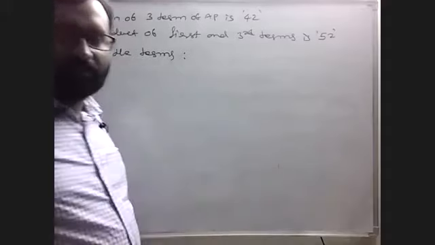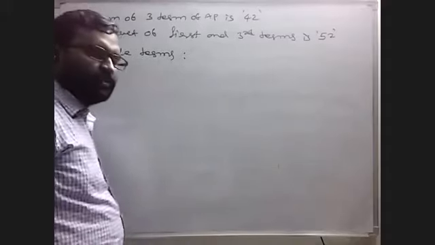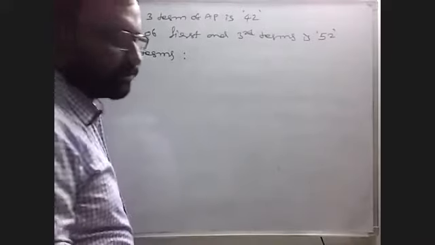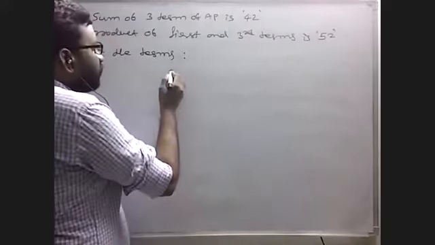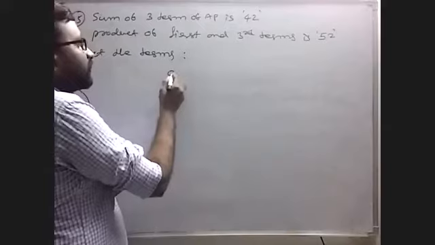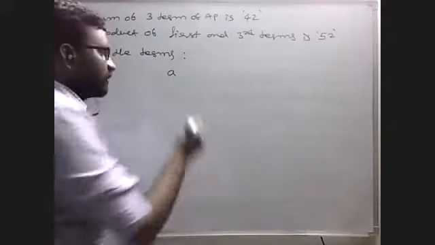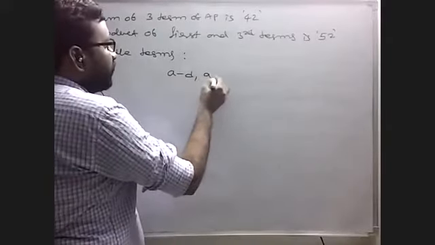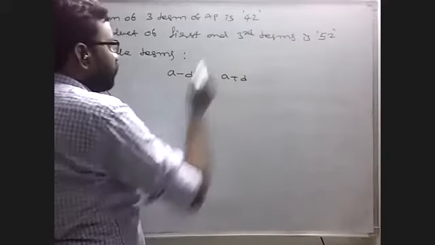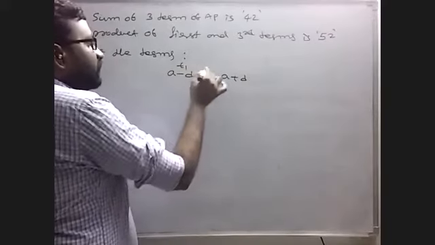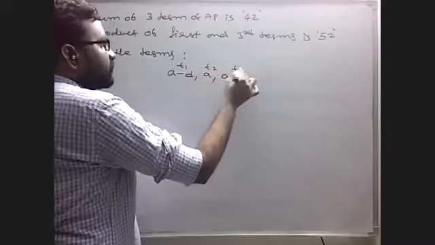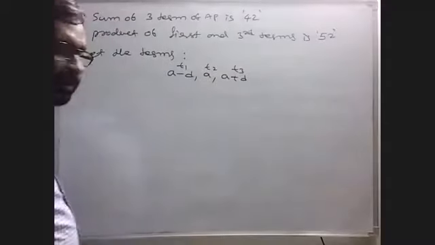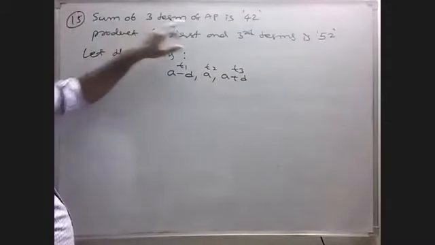Now I will write on the board and you have to write it. The general terms in AP, remember this: A minus D, A, A plus D. This is term 1, this is term 2, this is term 3. Now he is saying the sum of 3 terms is 42.